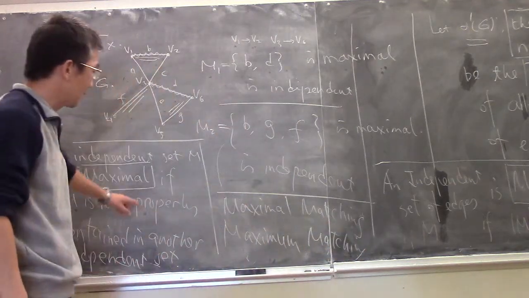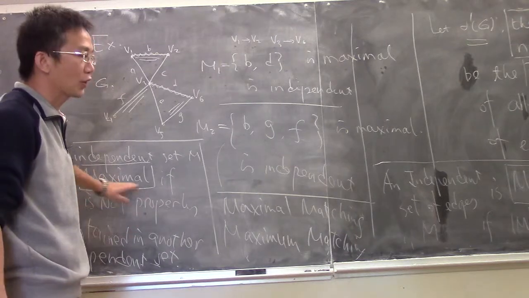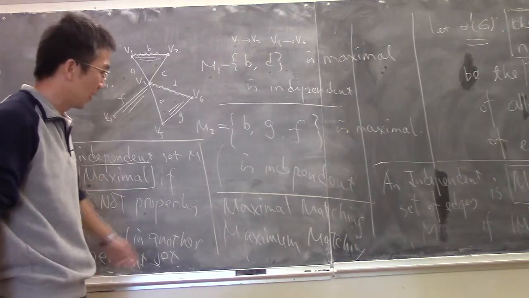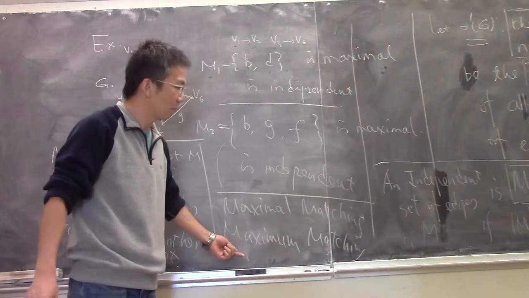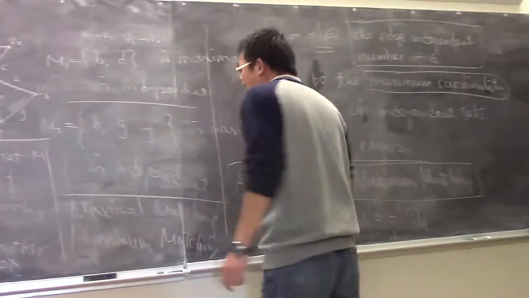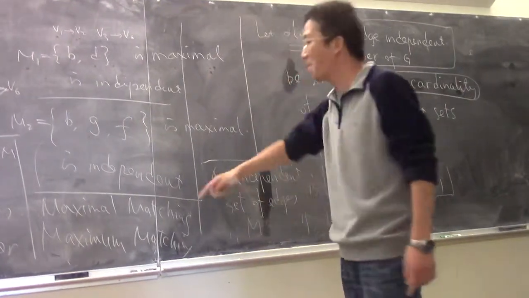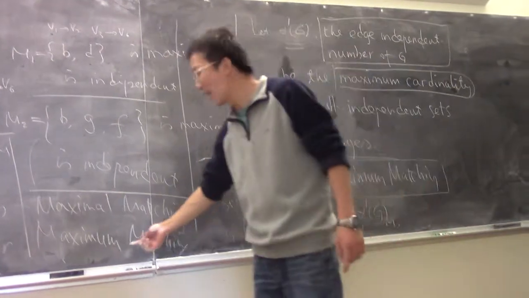Maximal matching basically means it is not properly contained in any other independent set. Maximum matching basically is not only maximal, but also among all of the maximals, it has the largest cardinality.